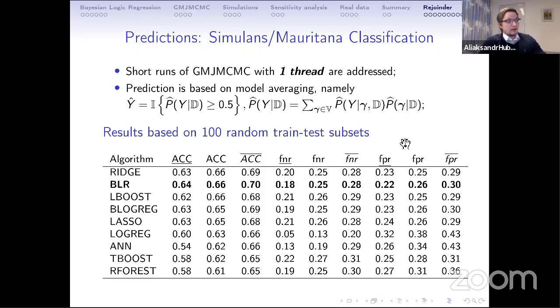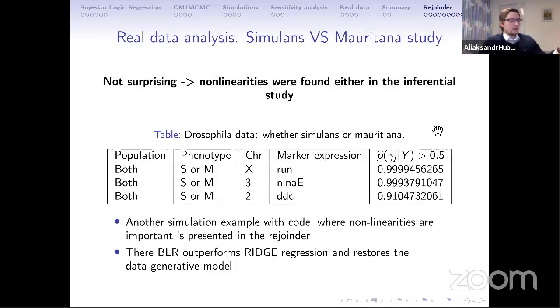We of course know that BLR is robust to either having or not having nonlinearity. So if there are no interactions between the logical predictors, then we're not going to detect them, and if there are, we're going to detect them. Here we just looked at the posterior inclusion probabilities, and we saw that only linear effects were of interest, and hence, not surprisingly, the linear models performed better than the nonlinear models, which somewhat overfit the training data subsets.